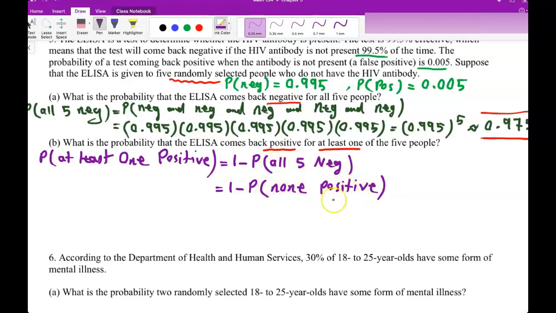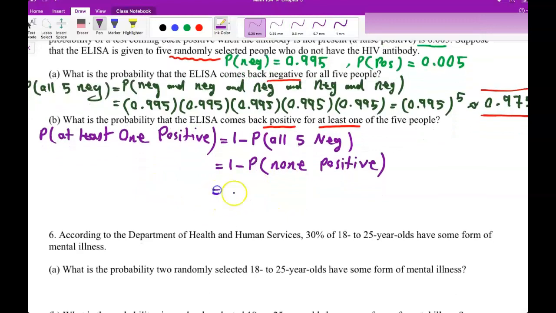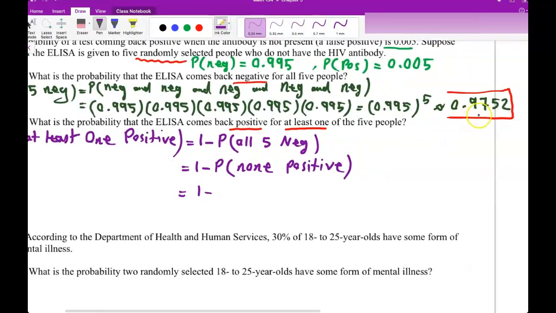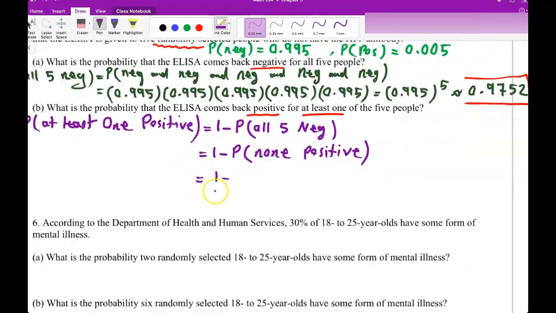And when you have none positive, you should subtract that from 1 to have at least 1 positive. The answer is, we already have the answer for all negative from the previous part, 0.9752. And that is 0.0248, rounding it.